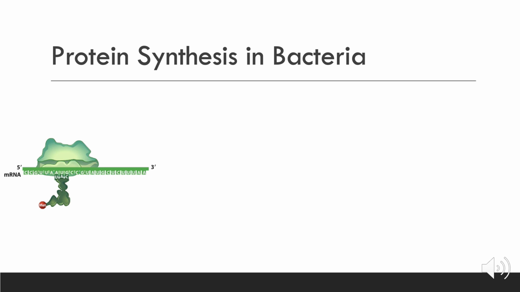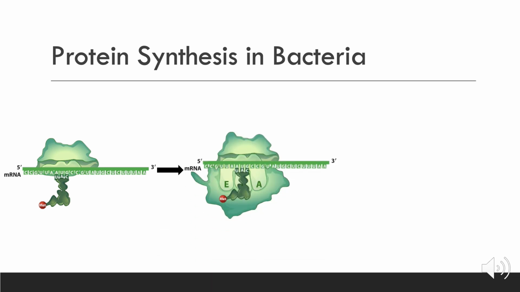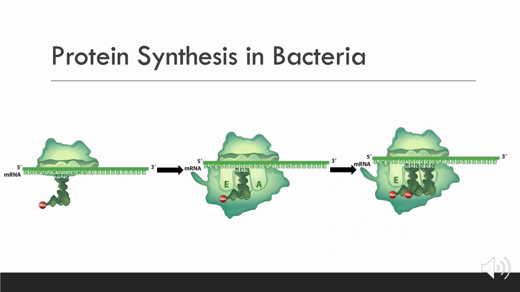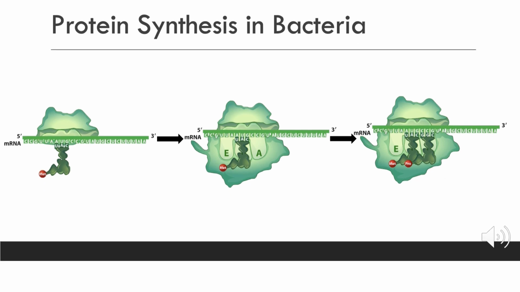First, the initiation complex is formed by combining the 30S and 50S subunits and binding of the initial aminoacyl tRNA at the P site, or peptidyl site. Then, a second tRNA with a particular amino acid binds to the ribosome at the A site, or aminoacyl site. The anticodon on this tRNA matches the codon of the mRNA.